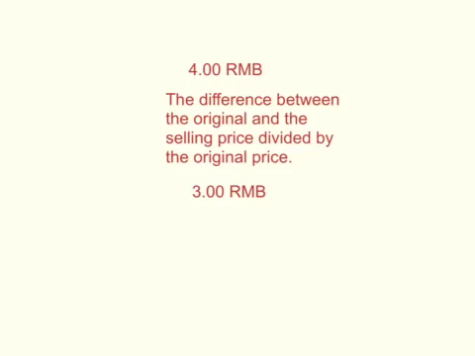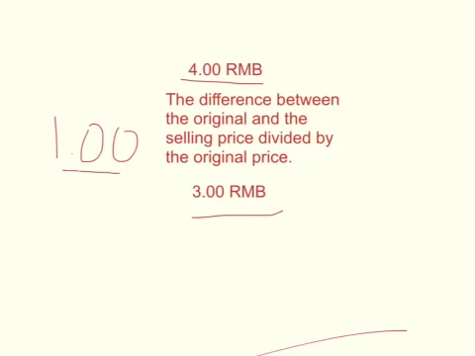So the difference between the original and the selling price is 4 RMB, the original, minus 3 RMB, the selling price. So that's 1 RMB right there. You could do that mentally. Now the next step of the formula says that you have to take the difference right here, 1 RMB, and divide that by the original price, which is 4 RMB.